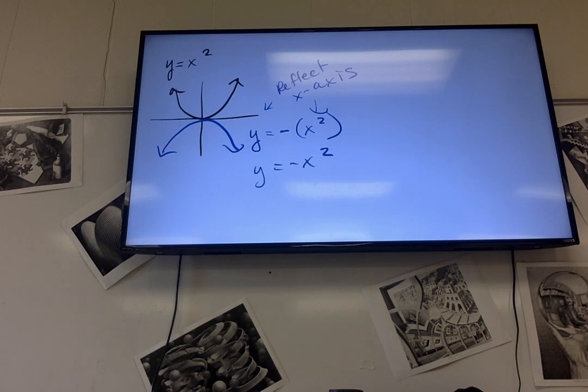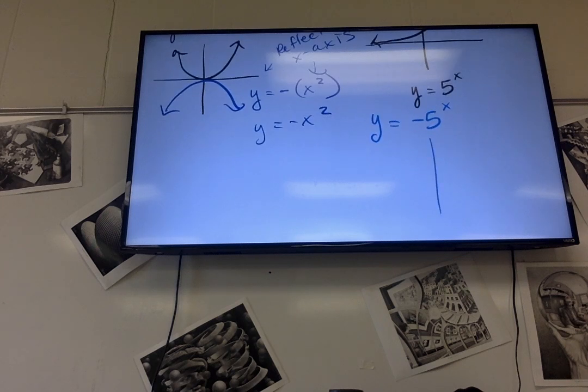So, for example, if we had y equals 5 to the x, it might look something like this. If I tried to make it y equals -5 to the x, then it looks like that.